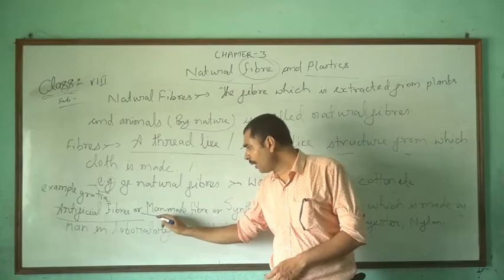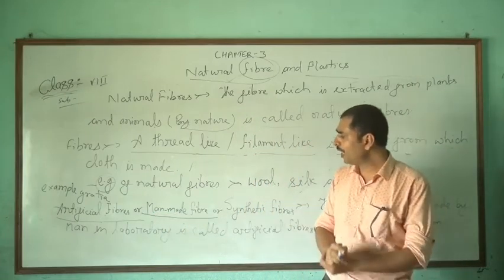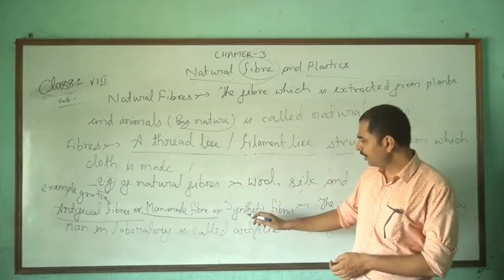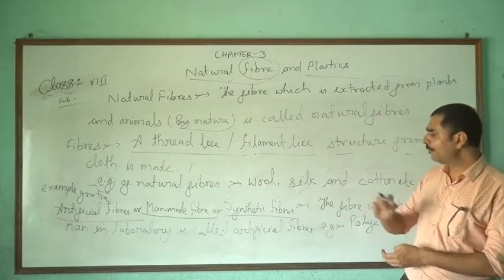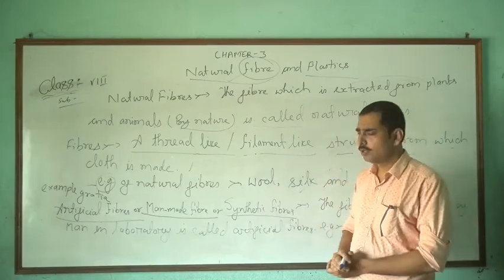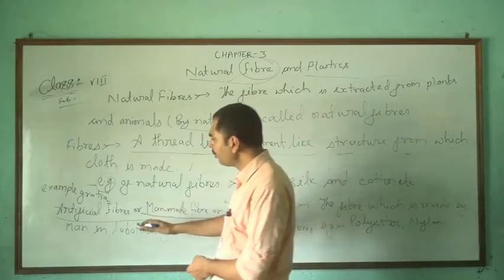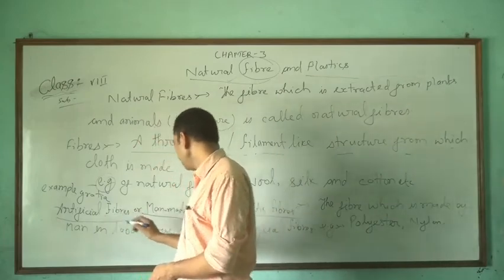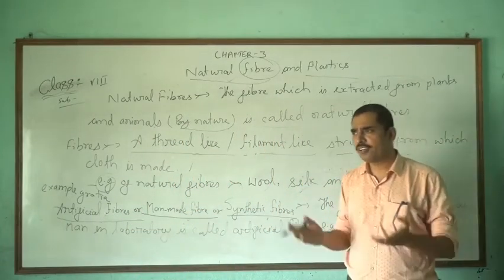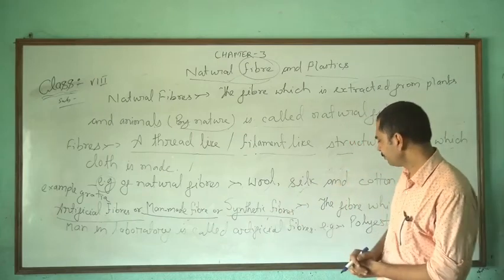The other name of artificial fiber is man-made fiber, because it is made by man and prepared in the laboratory, so it is also called synthetic fiber. Artificial fiber, man-made fiber, synthetic fiber are different names for the same thing.